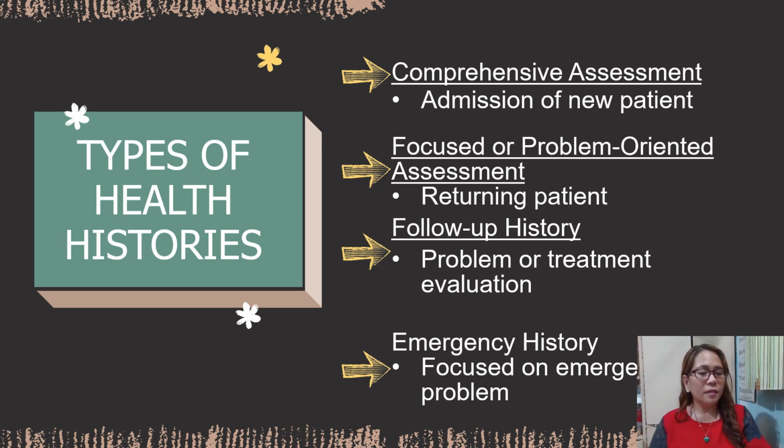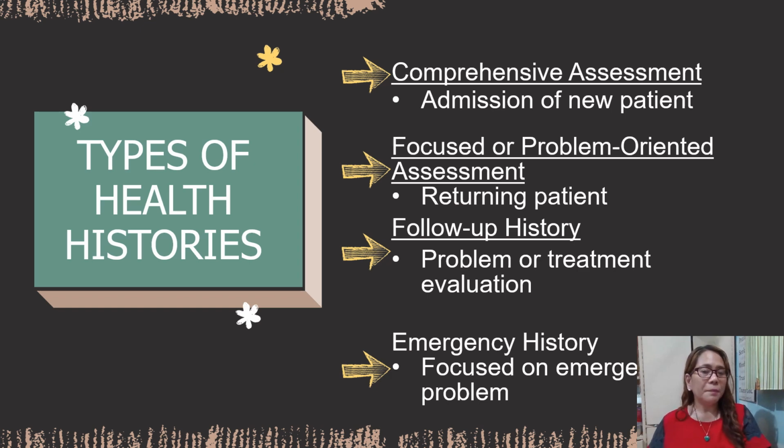And then, another type of health history is the emergency history. This type of history is applicable during emergency situation. Like for example, sa emergency department, merong dinalang patient na na-aksidente. So yung assessment ni nurse must focus on the emergent problem. The nurse must know how to prioritize.